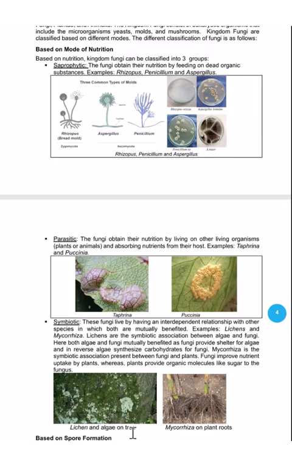Here, the lichens and the algae, as you can see, the algae are usually the one that is green in color, and the lichens are found here in association with the algae. This is a bark of a tree.